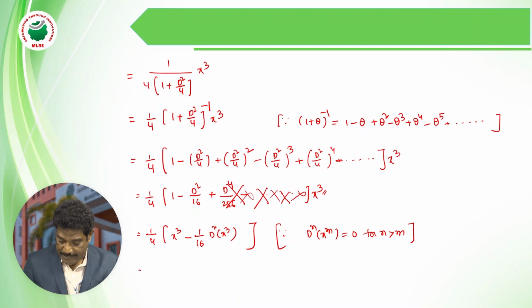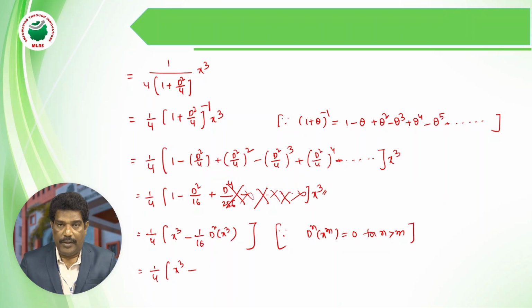Then simplify this. 1 by 4 into x cube minus, what is 2 times the derivative of x cube? 6x. 6x by 16. That's it. This becomes the required particular integral.